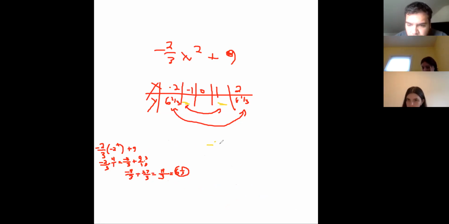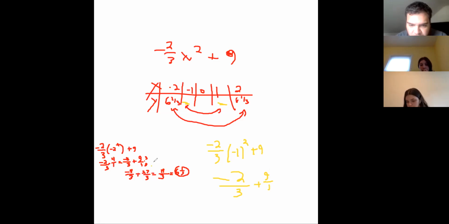-1 squared. It's the whole same thing, except now it's a -1 instead of a +1, or -2, plus 9. Now -1 squared is 1, and then 1 times anything stays the same. So it's -2/3 plus 9/1, but you already did the work to change it into base 3.